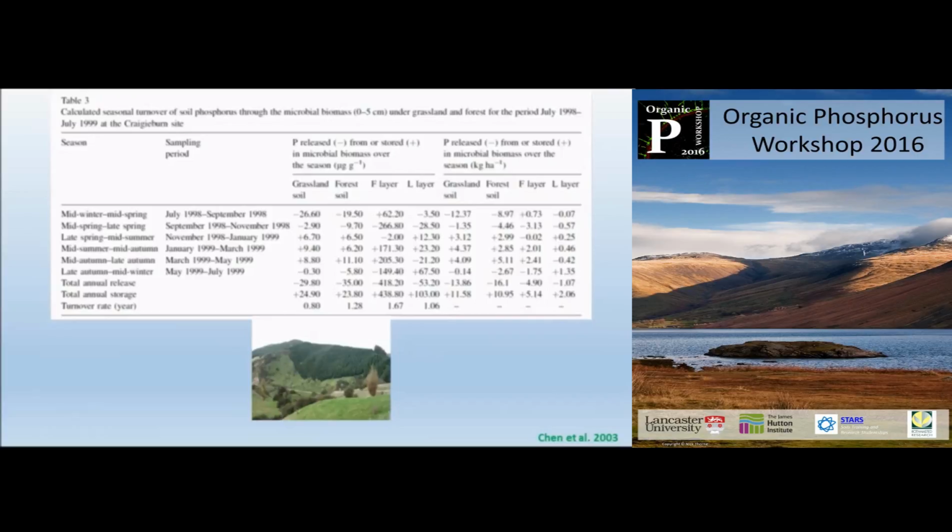Even though the organic phosphorus was 30% less in the forest soil than the grassland soil, the turnover rate was 40% higher. So even though the forest had less organic phosphorus and less microbial phosphorus, the turnover rate was actually higher. It shows you that looking at just fractions only gives you part of the story. You've got to look at the dynamics a little bit.